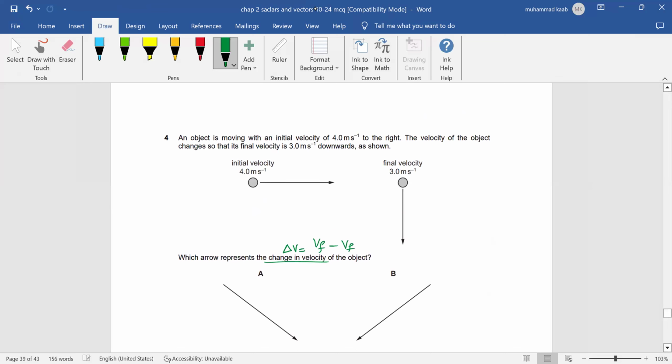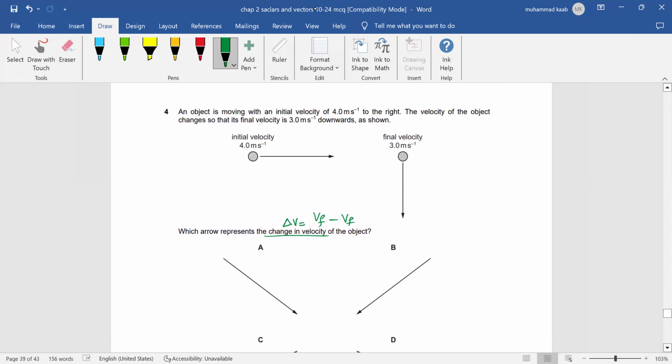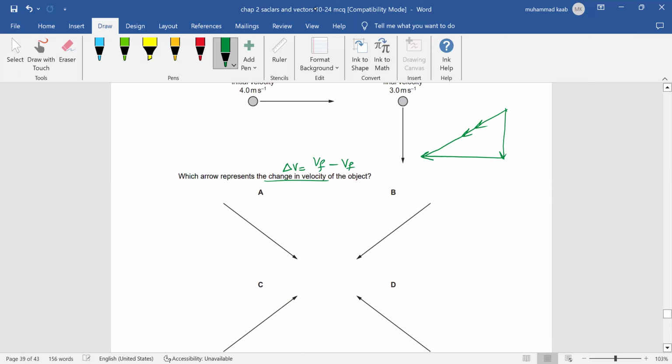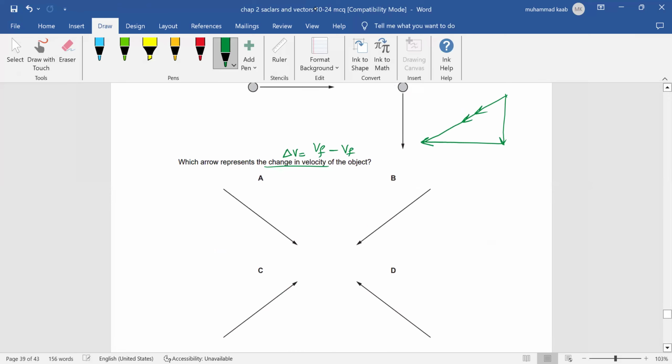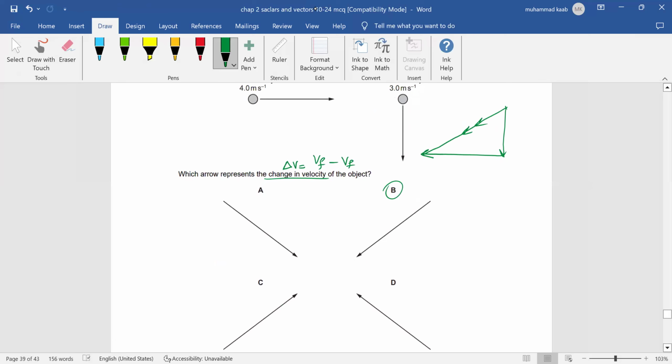Final velocity minus initial velocity. So you have the final velocity in this direction. Since you are subtracting, just change the direction of the initial velocity. So it will be in this direction, but the initial velocity is larger than the final velocity. So your resultant velocity, your change in velocity, would be in this direction. Okay, so I think B. Clear? Ibrahim, clear?